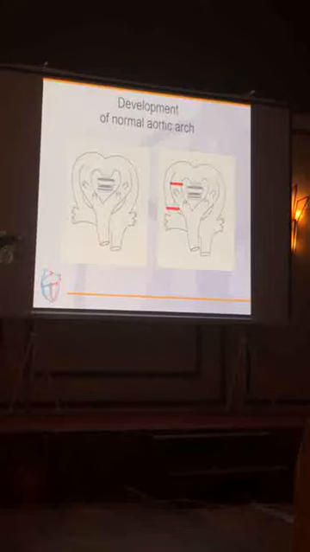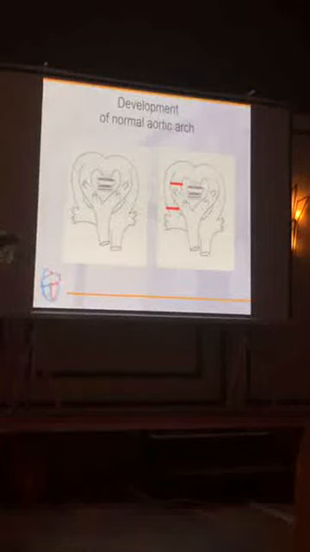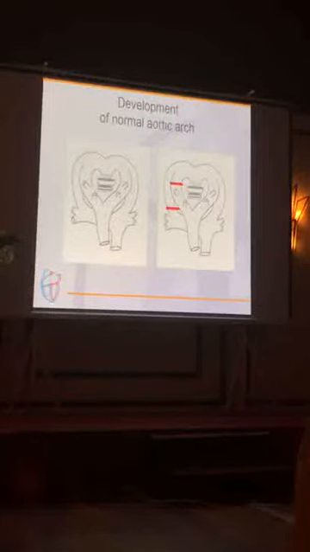In normal development, we can simplify that we have two aortic arches, two ducts, and in order to have a normal arch, this right arch has to be interrupted, as you can see, distally to the origin of the right subclavian artery, and also the right ductus arteriosus has to disappear.